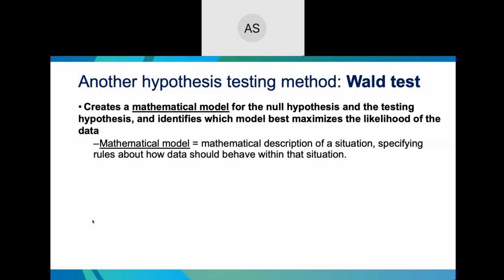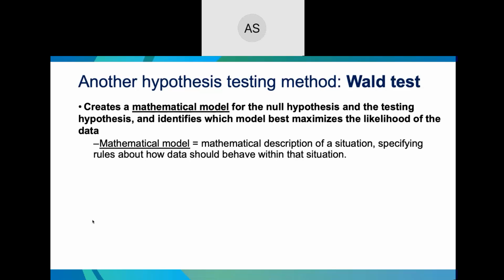And then a mathematical model for the null hypothesis could look like, the means aren't going to be that far away from each other. So for data to fit within the mathematical model for the null hypothesis being true, these distributions would have to overlap so much.